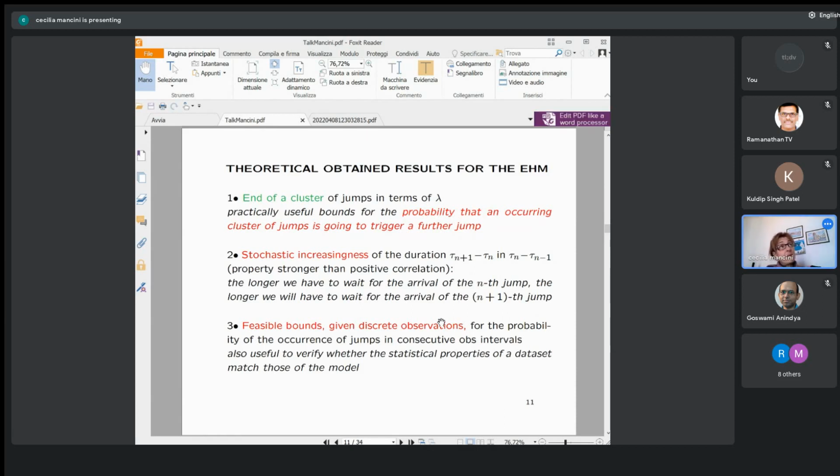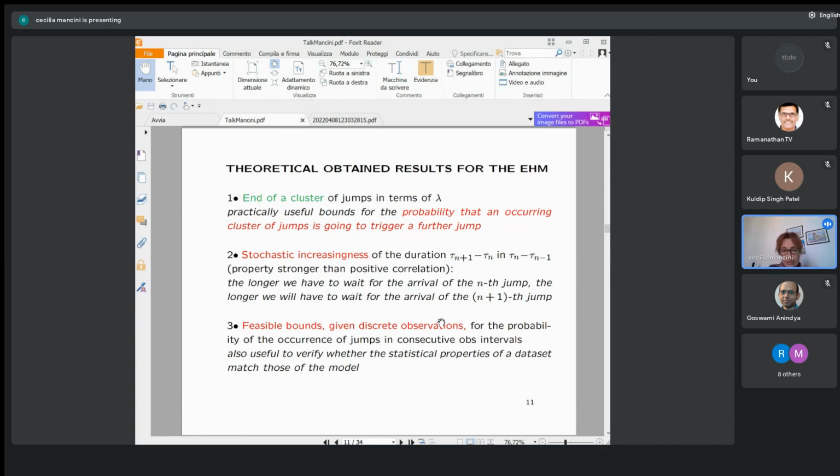So the discreteness of the observations introduces at least two types of errors in identifying the jump locations, so errors in the implementation of our formulas.